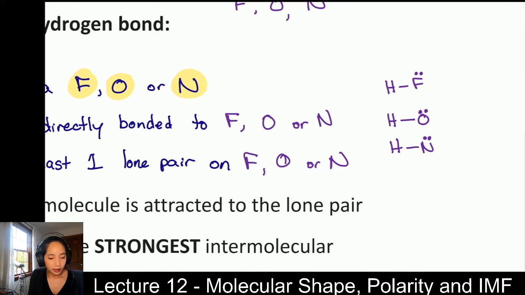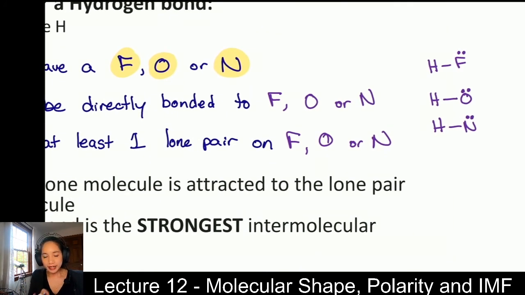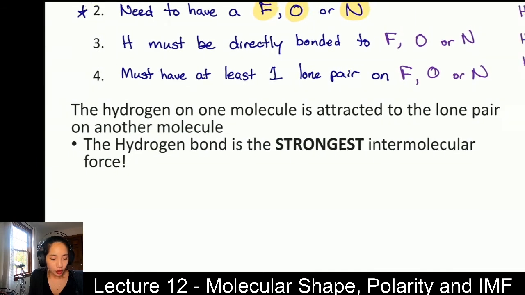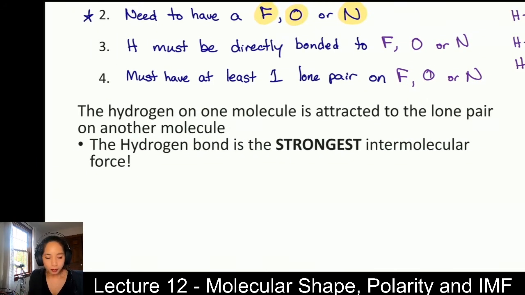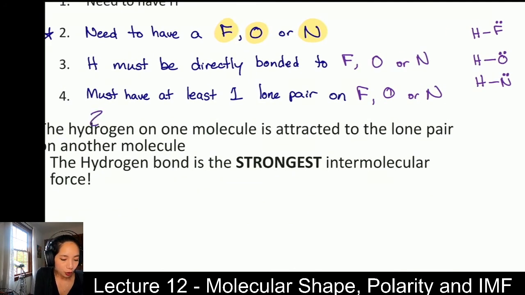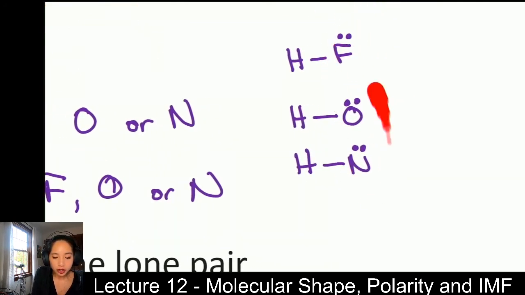So how this interaction happens, it's similar to dipole-dipole in that the positive end of one molecule is attracted toward the negative end of another molecule. In hydrogen bonding, the hydrogen itself on this part of the molecule is very electropositive. So in all of these pictures, essentially all the electron density is on this electronegative atom, leaving the hydrogen very electropositive.